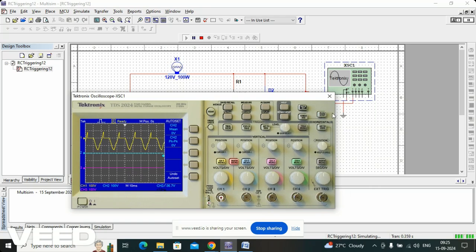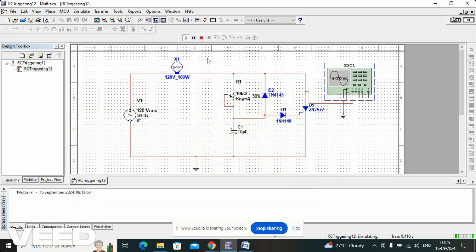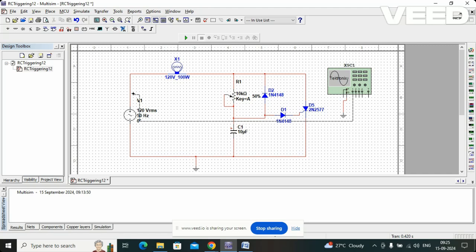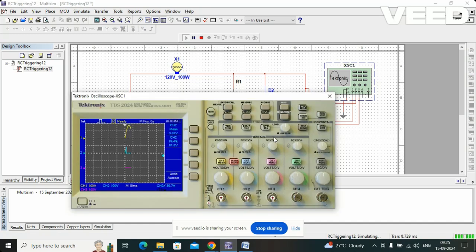Before going to the thyristor output, let's check our supply voltage, our thyristor voltage, and our capacitor voltage over here. Now with three channels, here come the supply voltage, the thyristor voltage, as well as the capacitor voltage.